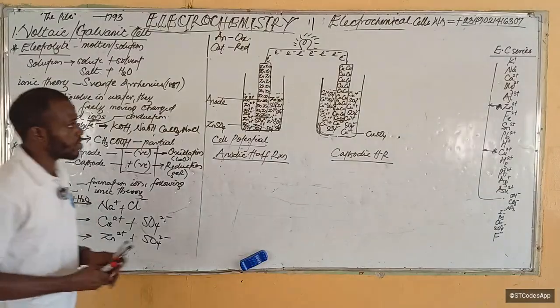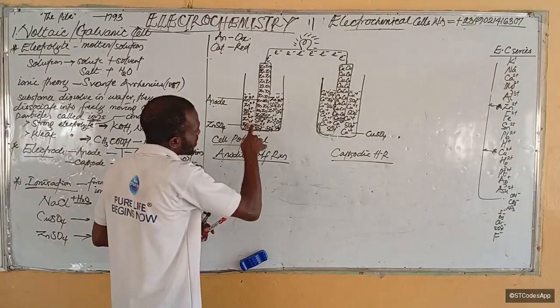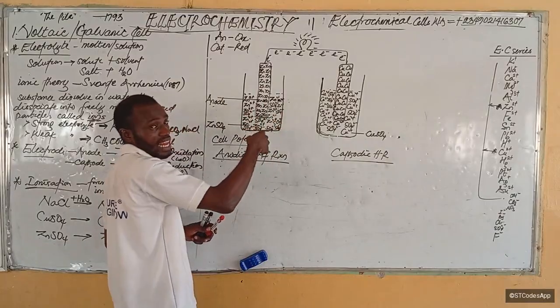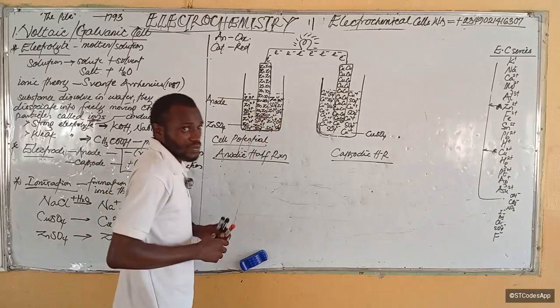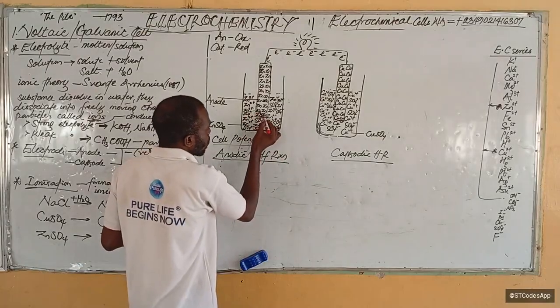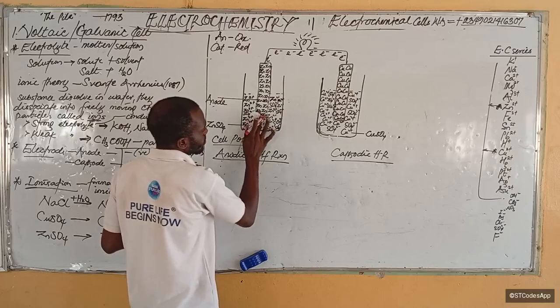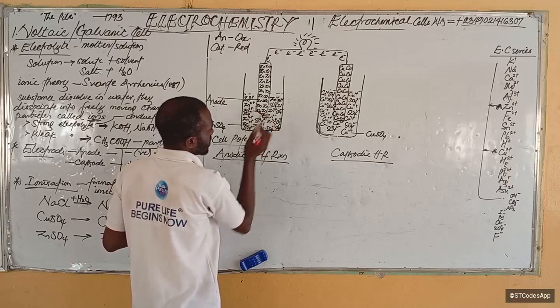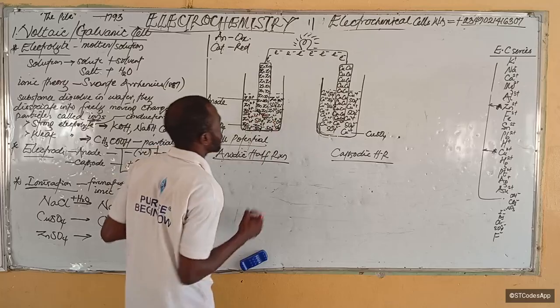So where will electrons go from here? This one that has a positive charge has already lost electrons and lacks them. So electrons will go from this zinc plate that is pregnant with electrons and has not lost any. So how does it lose? One of these zinc atoms here will leave this place and come and lose its electrons and become zinc 2+.